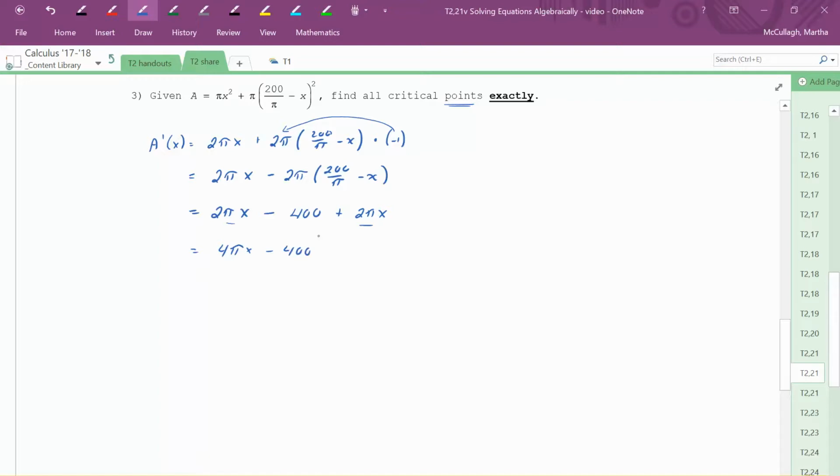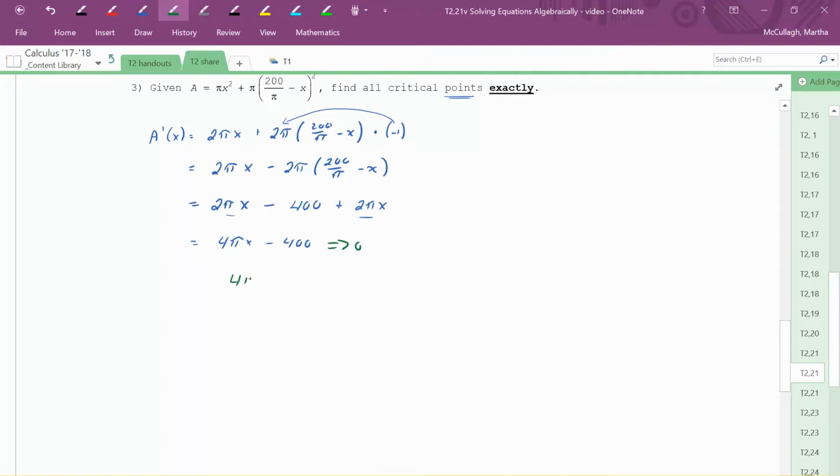And since I'm trying to find maximums and minimums, I've got to set this equal to 0. And when I do, I've got 4 pi x equals 400, dividing by the 4 first because it's easy, I've got 100, and then x must equal 100 over pi.